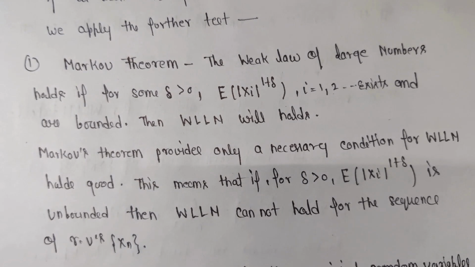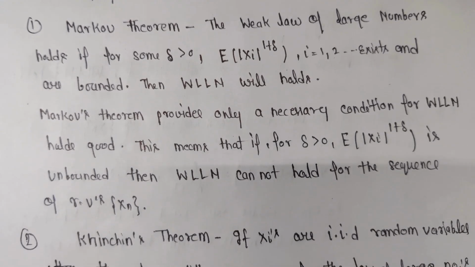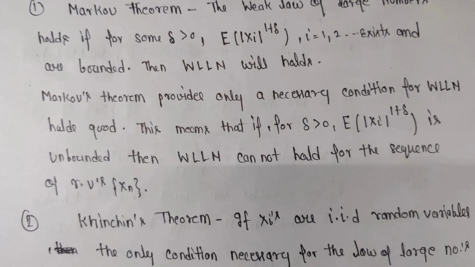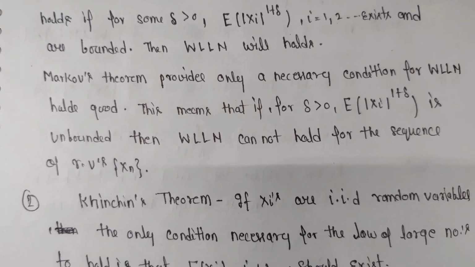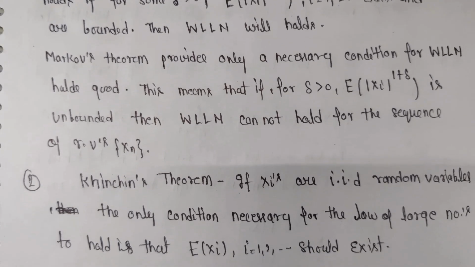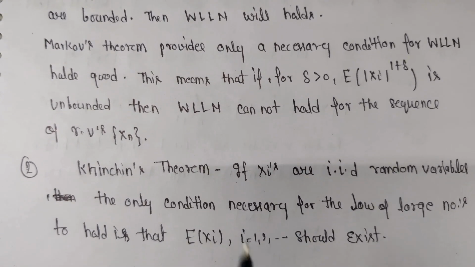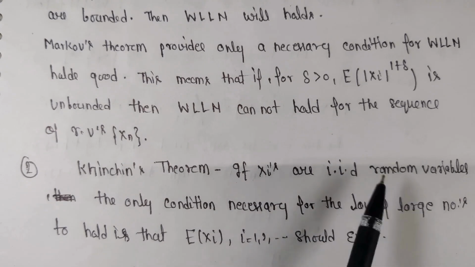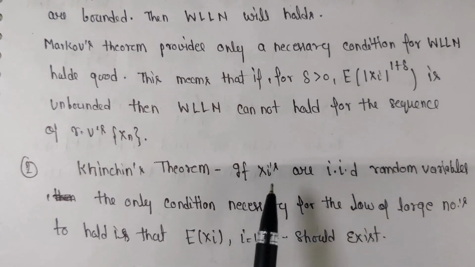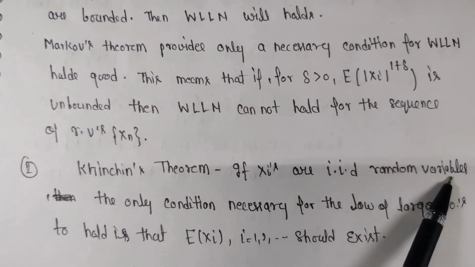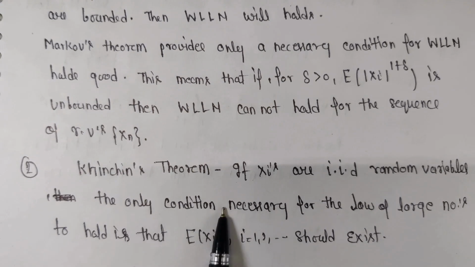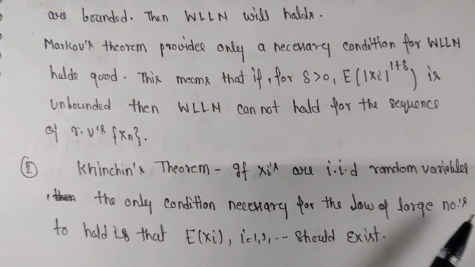And here we have one more criterion for the law of large numbers to hold, called Khinchin's theorem. Khinchin's theorem states that if the Xi's are IID random variables, that means identically and independently distributed random variables, the only condition necessary for the law of large numbers to hold is that the expected value of Xi should exist.